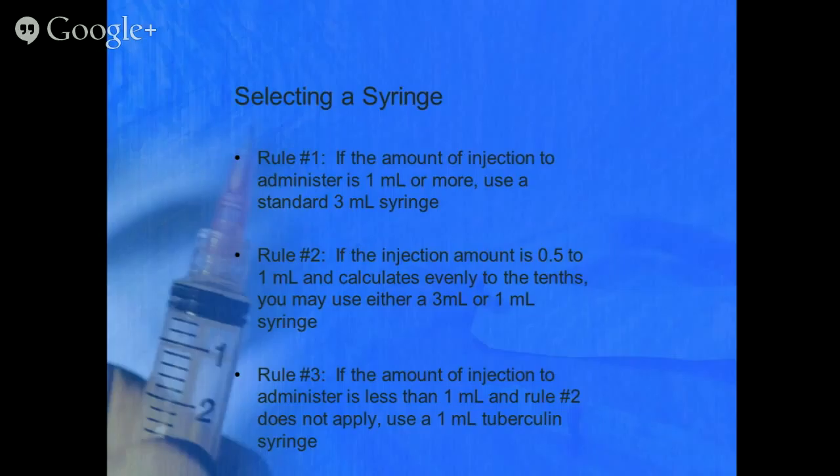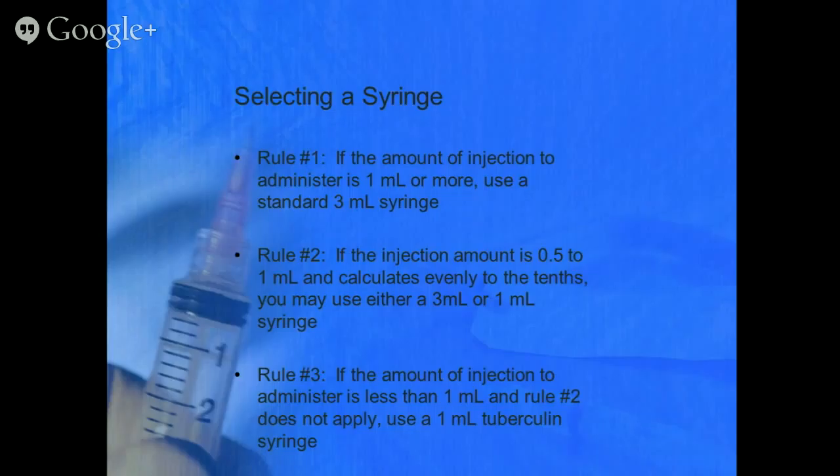So if we're looking to administer 0.6 mLs, which syringe would you use? The tuberculin. Yeah. So it's 0.5 to 1 milliliter.